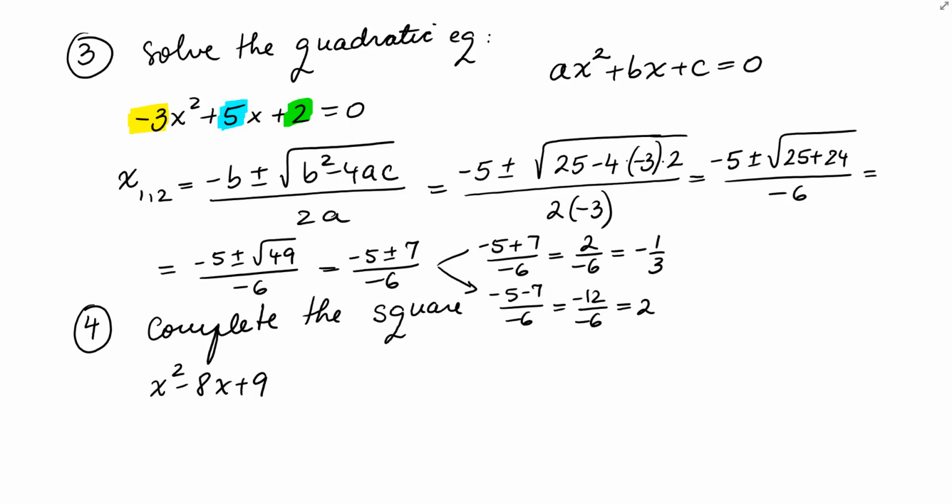I computed this using the order of operations, and I ended up with two solutions, -1/3 and 2. Actually, I think you could have factored it. Yes, you could have factored this problem as well, but it's good to practice the quadratic formula.